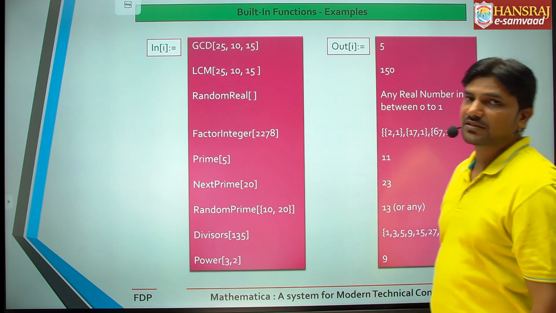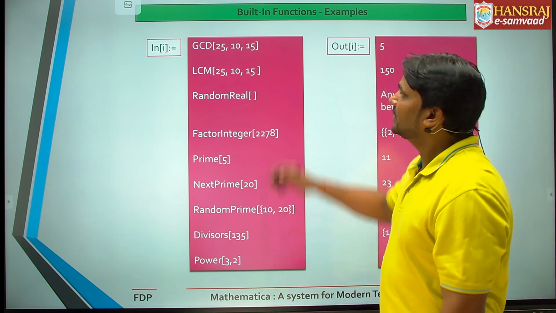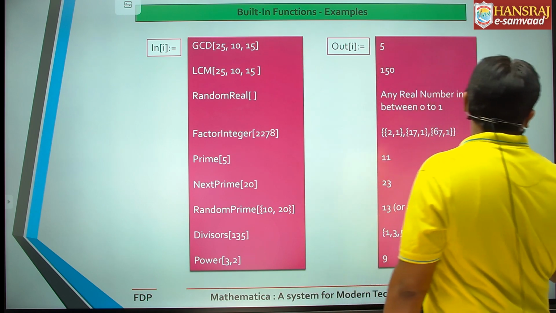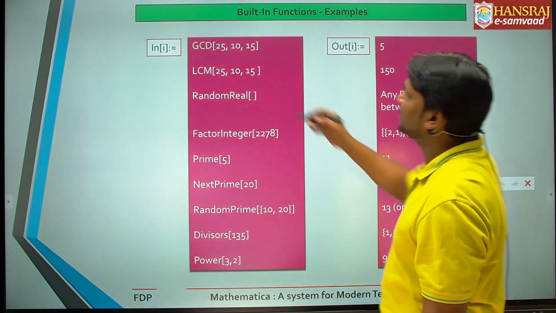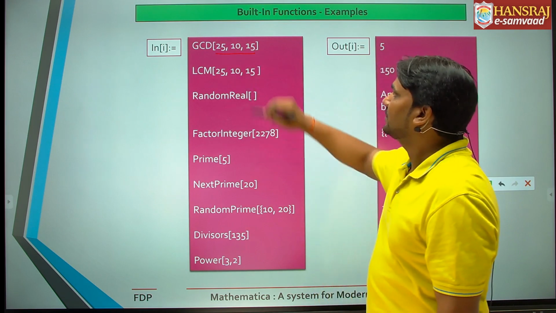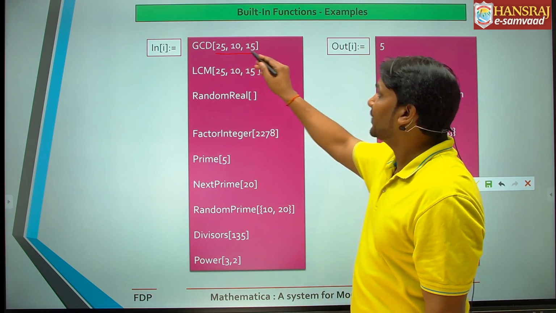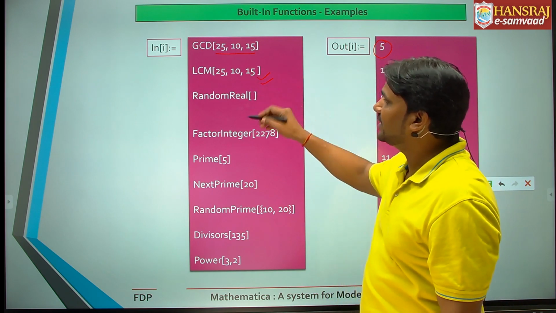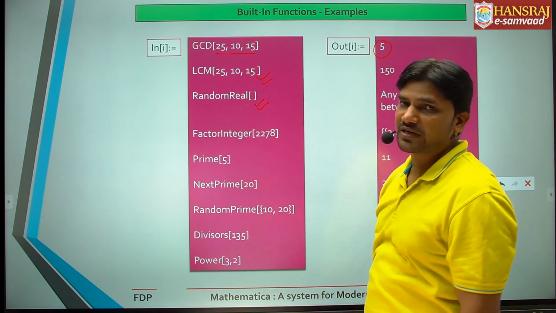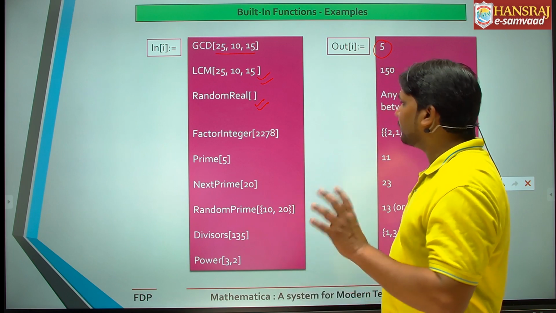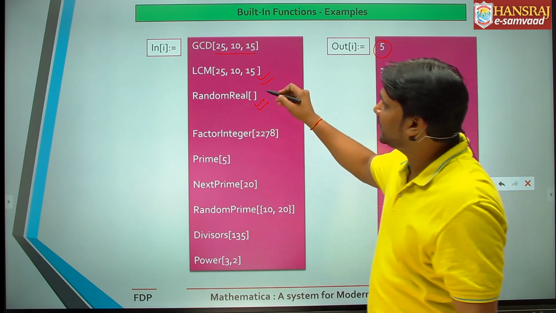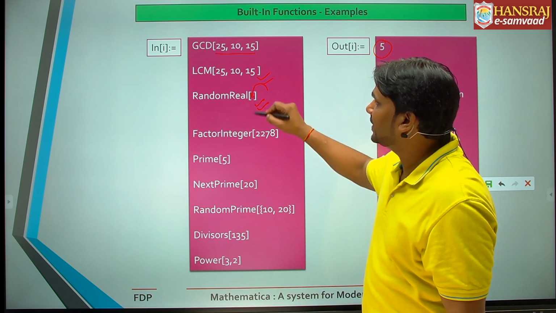Other functions you can use similarly. If you want to find out the GCD, then just put GCD there and some values inside the GCD function, for example 25, 10, 15, and the GCD will be 5. You can find out the LCM. Similarly, you can find out RandomReal. RandomReal is basically to find a real value randomly, and there is no need for any input in your square brackets.